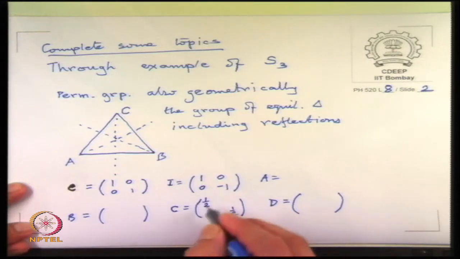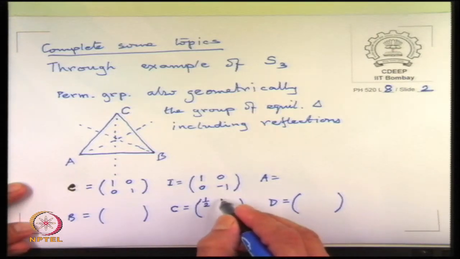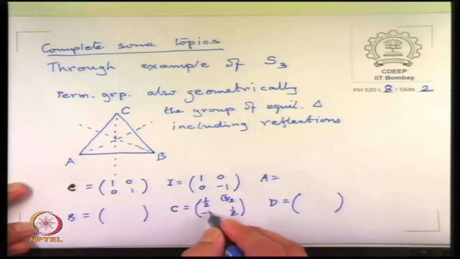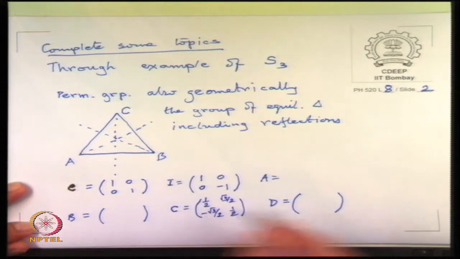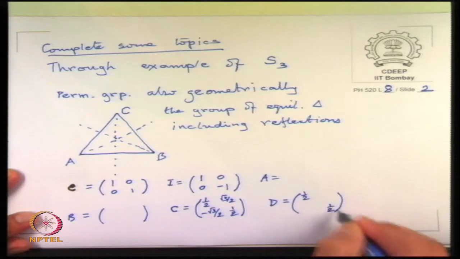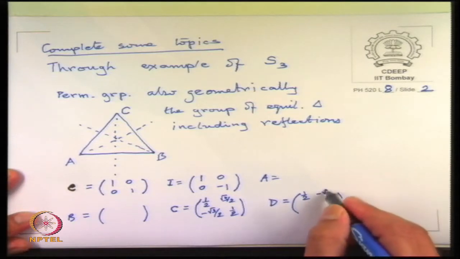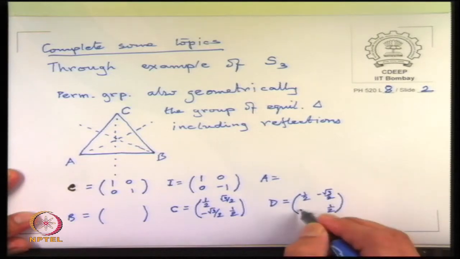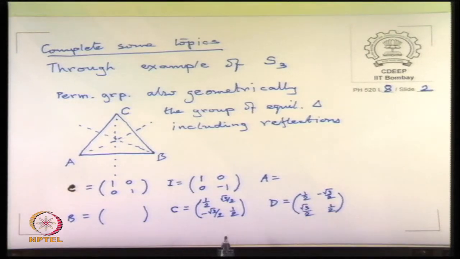So they have cos 2 pi by 3, and I think I am writing this correctly, square root 3 by 2 and minus square root 3 by 2, and then here it will be half, half and minus square root 3 by 2 and square root 3 by 2. So this is 2 pi by 3 rotation, and this is 4 pi by 3 rotation.